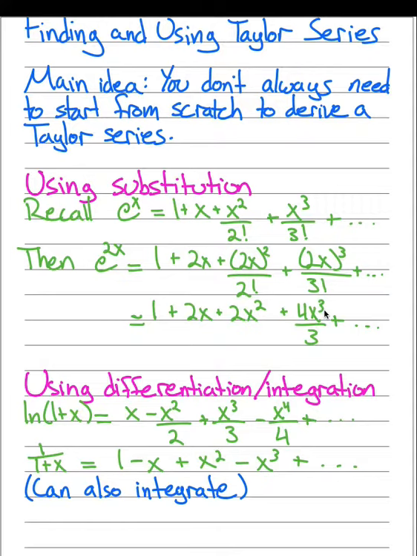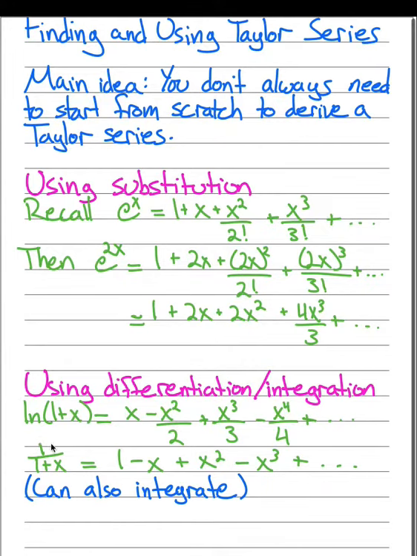Another thing you could do is use differentiation and integration to derive Taylor series. So suppose you knew that the Taylor series for natural log of 1 plus x expanded around 0 is x minus x squared over 2 plus x cubed over 3, and so on. And you want to know the series for 1 over 1 plus x.